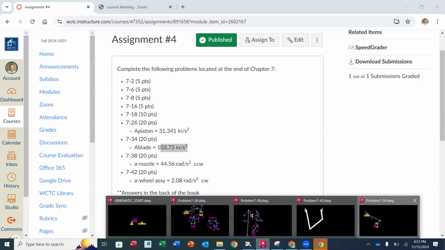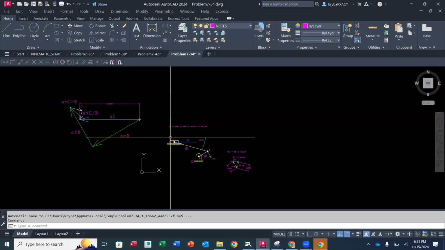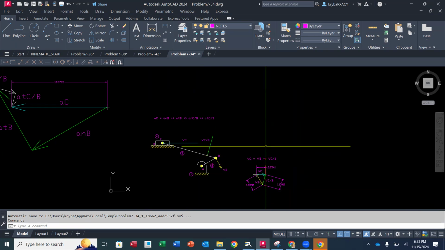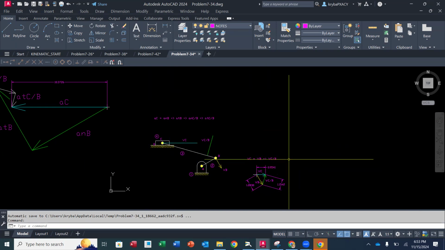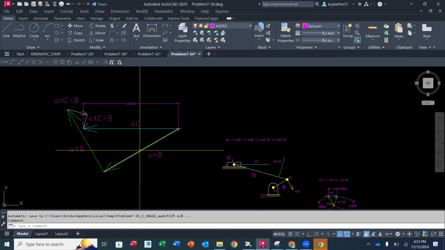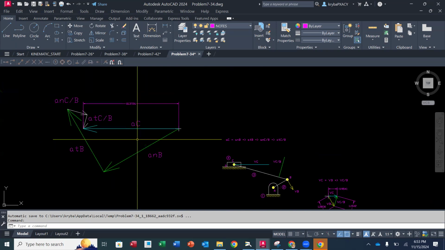So let me go back over here and just review the items that you need to take screenshots of. You need to have a screenshot of your kinematic diagram with all your labels, vector diagram with all your labels, and then your acceleration diagram with all the labels. Make sure that everything is viewable, the size of the text and such.